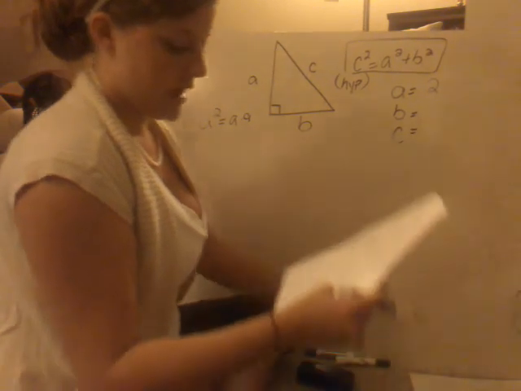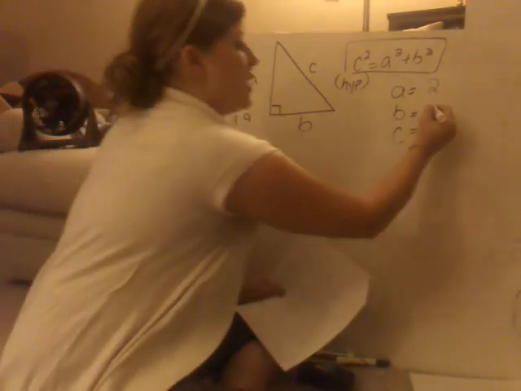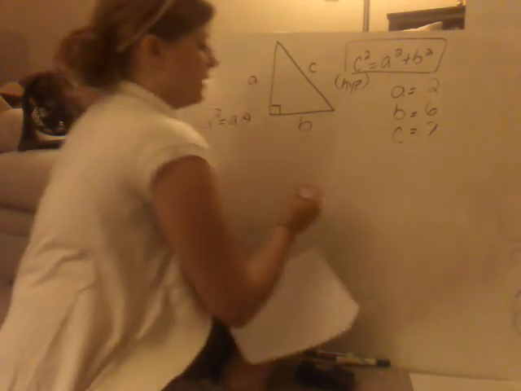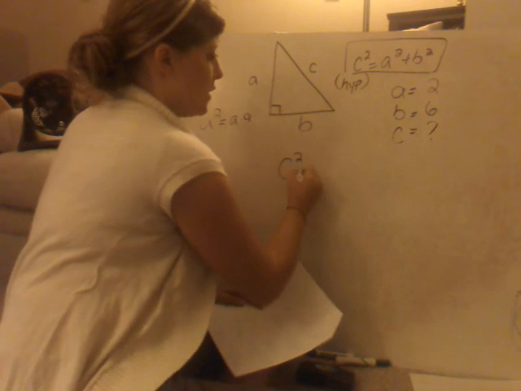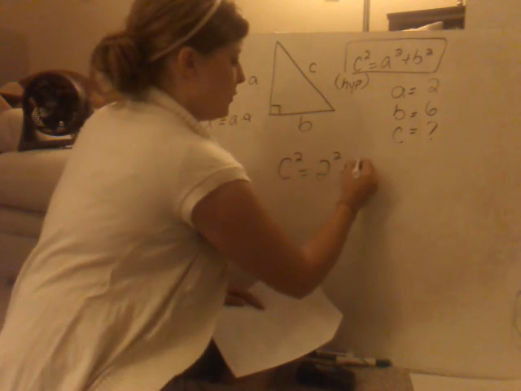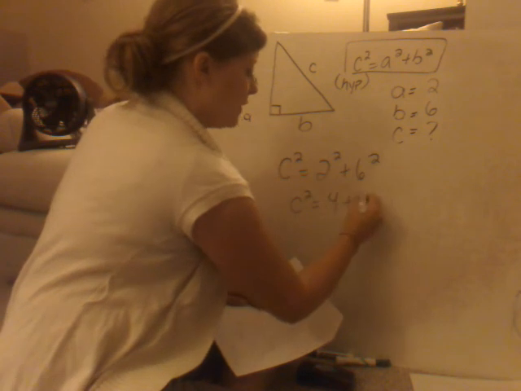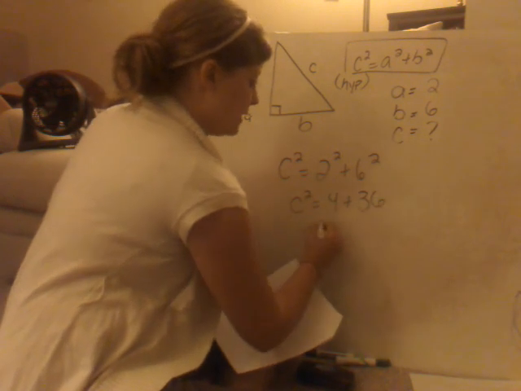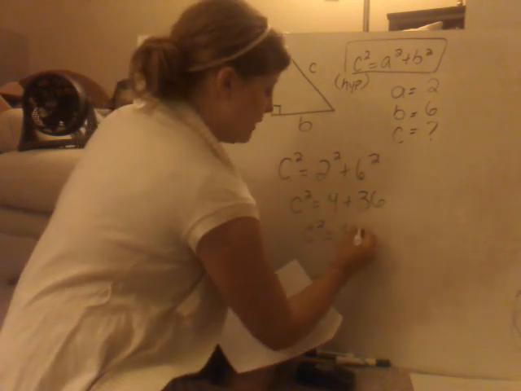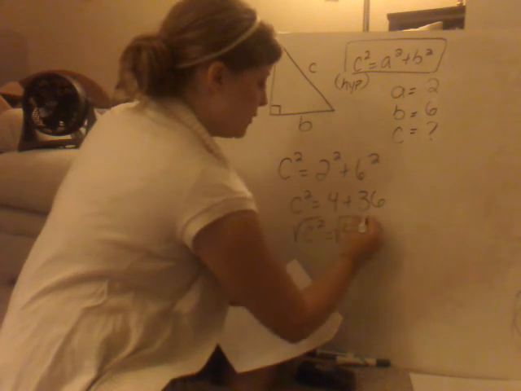So number 25, I've got A is equal to 2, B is equal to 6. I'm still looking for C. So I have C squared is equal to 2 squared plus 6 squared. C squared is equal to 4 plus 36. C squared is equal to 40. I take the square root of both sides.